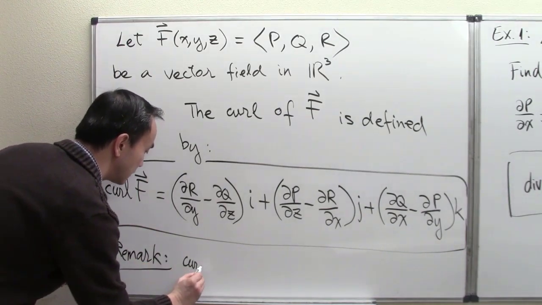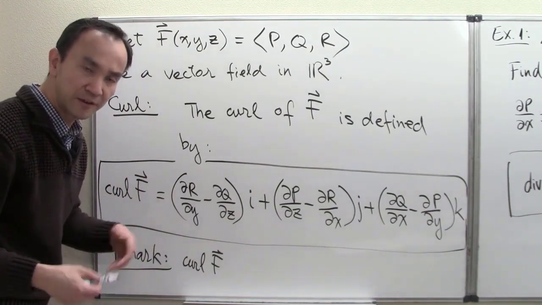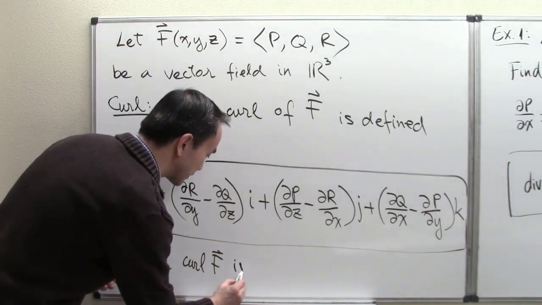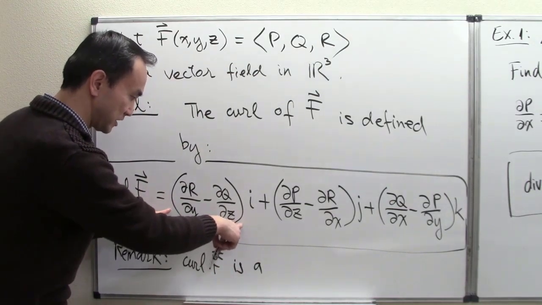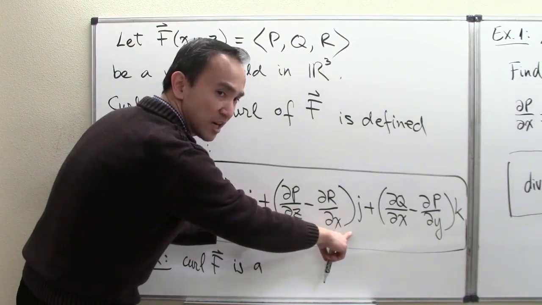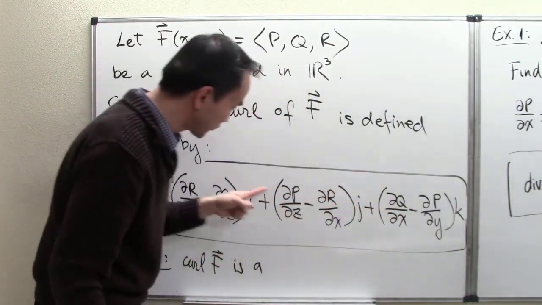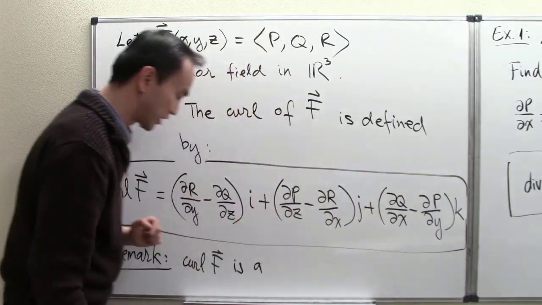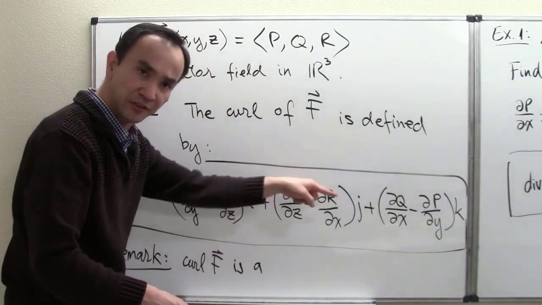the curl of F, or the curl for any vector field, is a function of three variables x, y, and z. This is a function of x, y, and z, and this is also a scalar function. But now together with three scalar functions with the i, j, and k components right here, then the curl itself is a vector field.